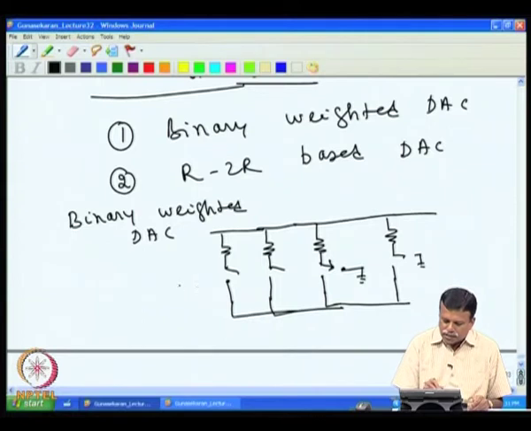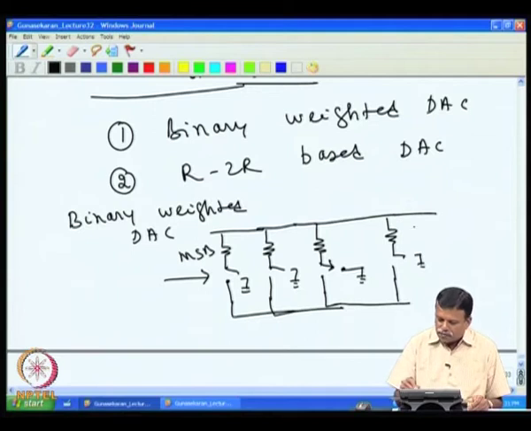Assume this is a digital word operating the switches, each of which can also go to ground. You have the MSB here, and the least significant bit here.